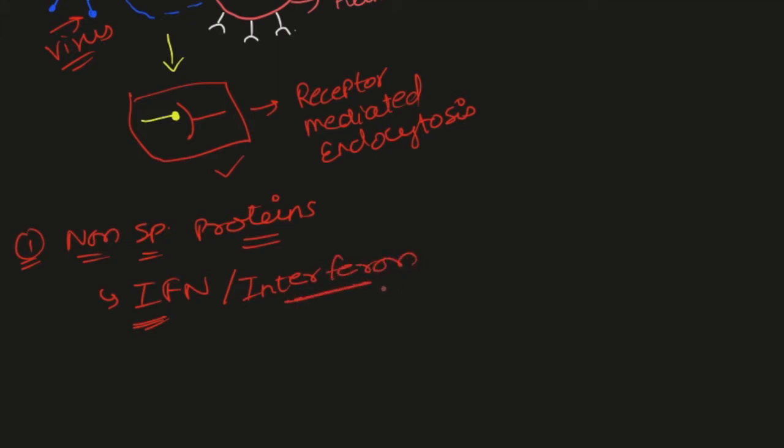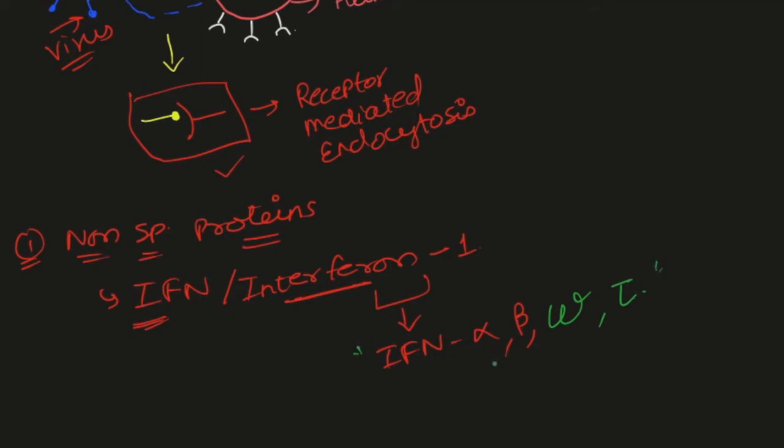Now there are many different classes of interferon, and one of the classes, class 1 interferon, has the ability to produce IFN alpha, beta, omega, and tau.